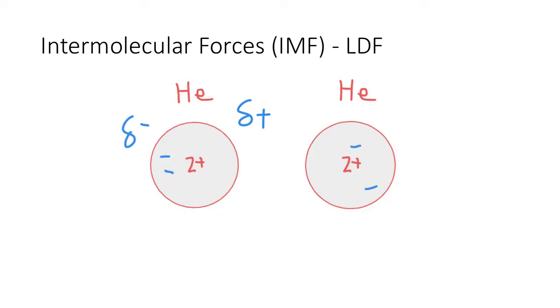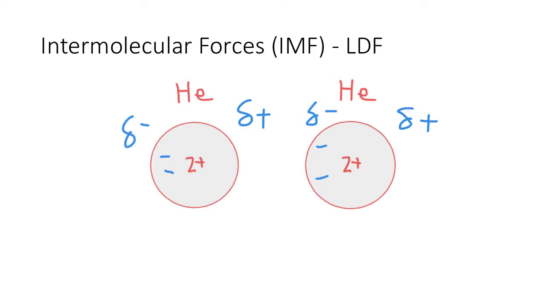Along comes another helium atom, and its electrons are zooming about all over the place, but because one side of the other helium atom is slightly positive, its electrons are pulled over to that side as well. They are attracted there. So we now have a dipole in this atom as well, a temporary dipole, but it's been induced by the other atom.